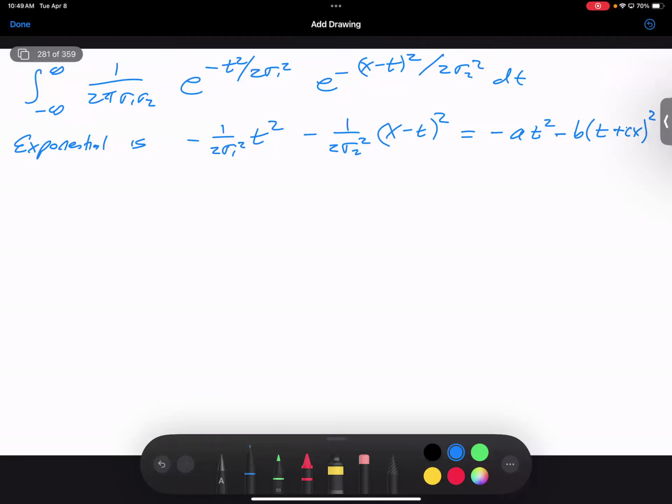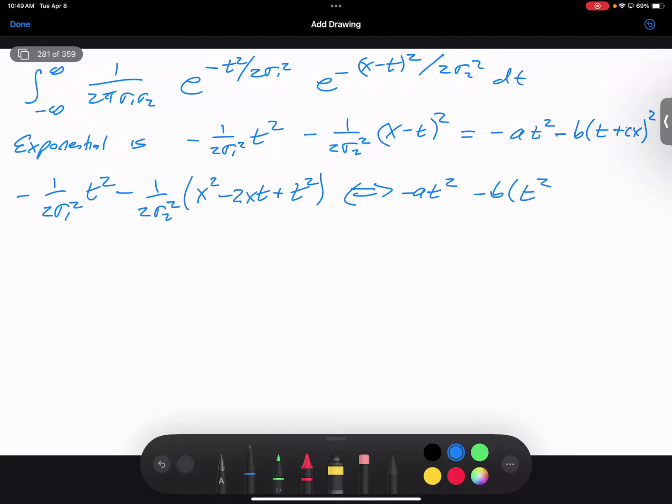So let's think about what's going on. So we have minus 1 over 2 sigma 1 squared t squared minus 1 over 2 sigma 2 squared x squared minus 2xt plus t squared, versus minus a t squared minus b t squared plus 2c tx plus c squared x squared.